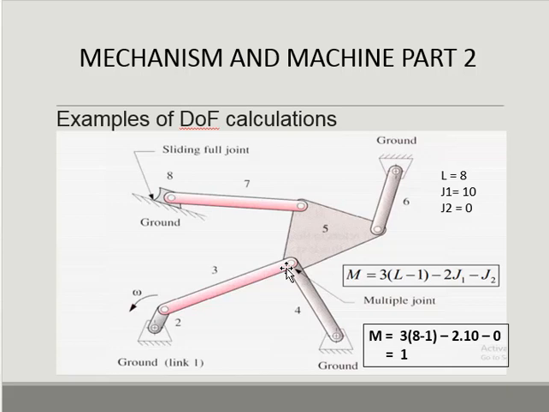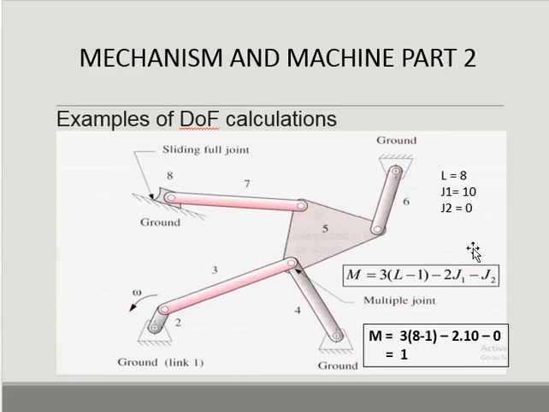So we calculate for each joint and the two coincident joints. So for J1, the lower pair joints, the number is 10. How about the high pair? There is no high pair joint, so J2 is 0.